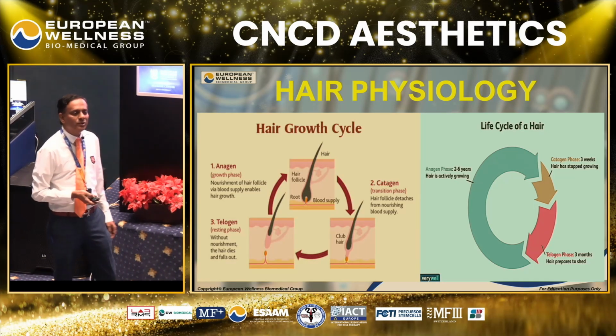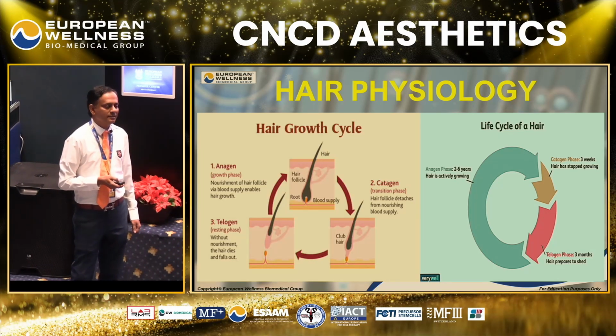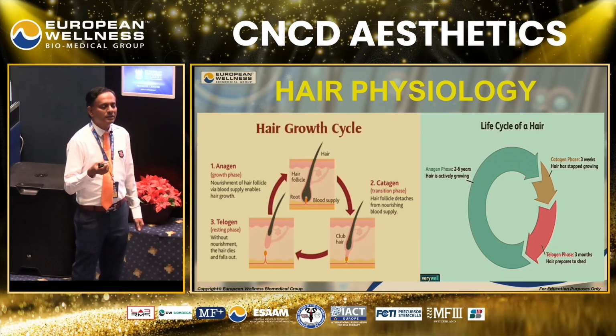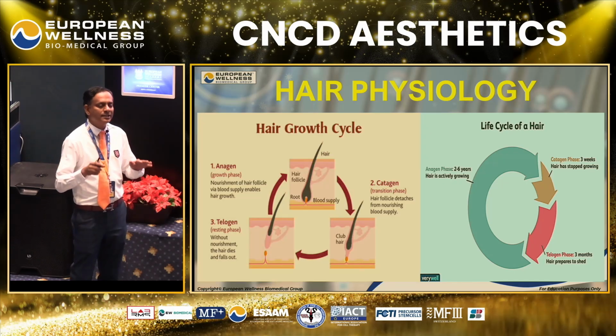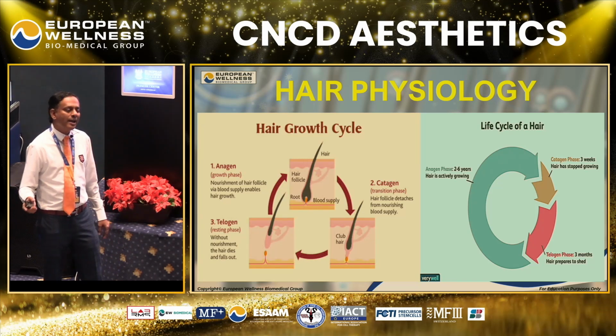So hair grows in a cycle. This cycle consists of 3 stages. Initially, there is the anagen stage or the growth stage. This is where your hair grows, okay? After that, it will move to a catagen stage, which is a resting stage. It stays at rest, not growing any longer. Then it goes to a telogen phase, where the hair will be shed off.